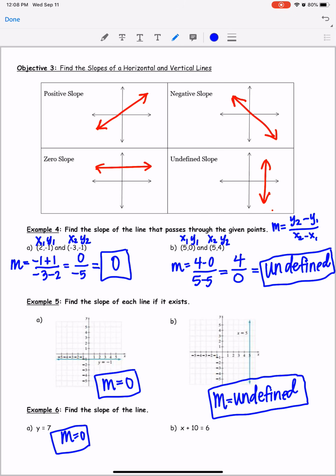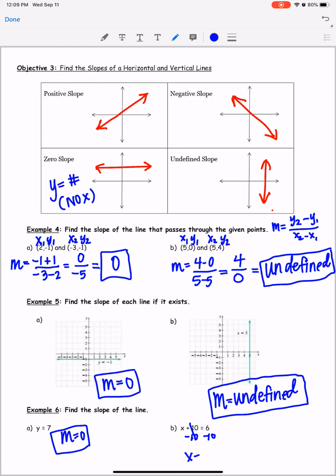So anytime you have y equals a number, you have no x, then it is 0. Then likewise, on this one, you can solve this for x if you want to. Subtract your 10 over. We get x equals, and I put y.